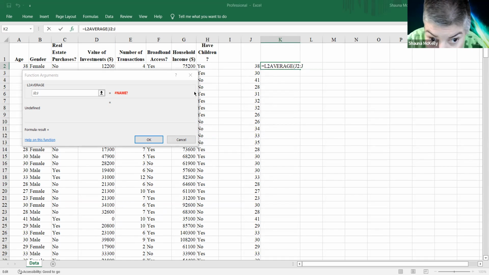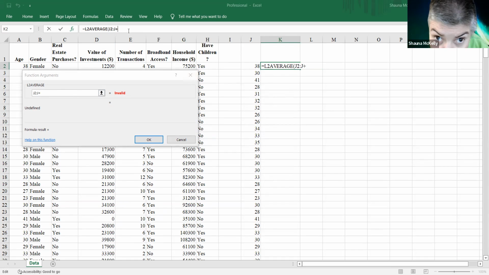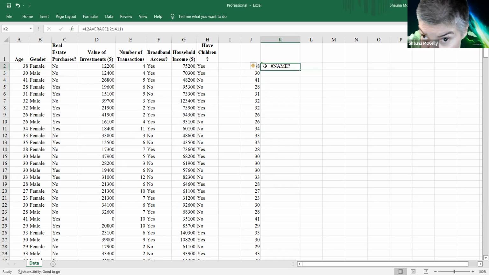So J2 to J, you can also do it up here, J2 to J411, and then you're going to just close it, and then it's going to be your average.